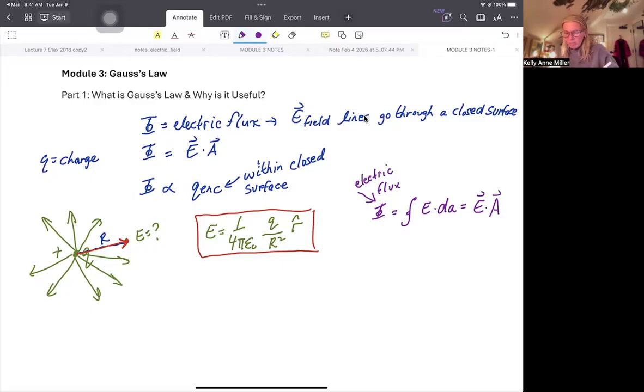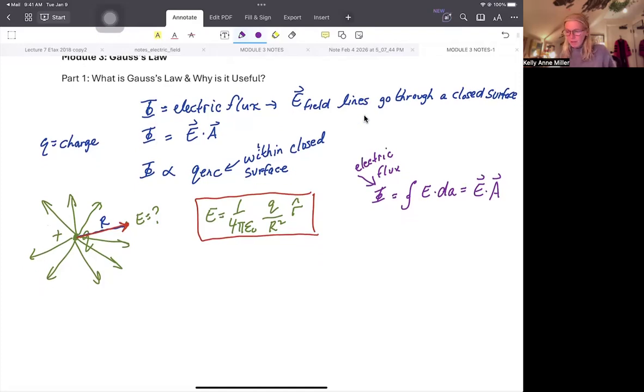If I were to substitute in the electric field, using my example here, I would get 1 over 4 pi epsilon naught, q over r squared, dA.